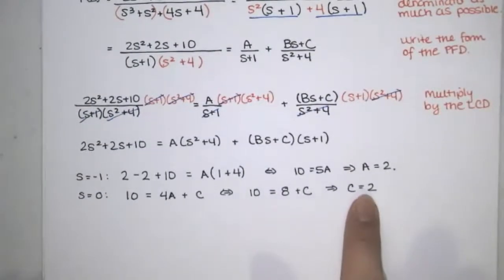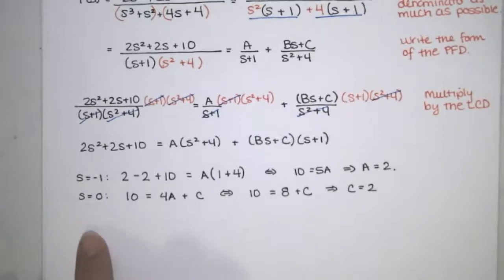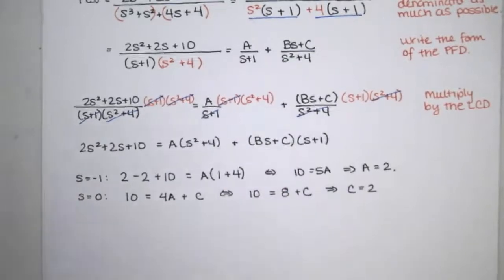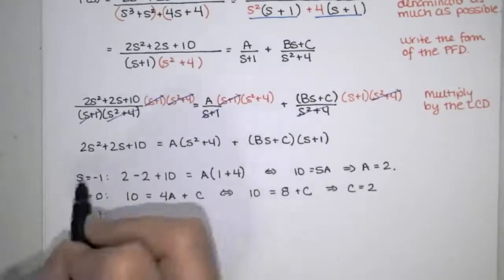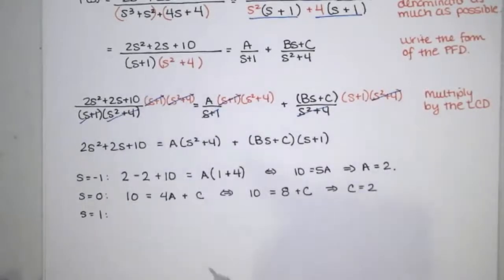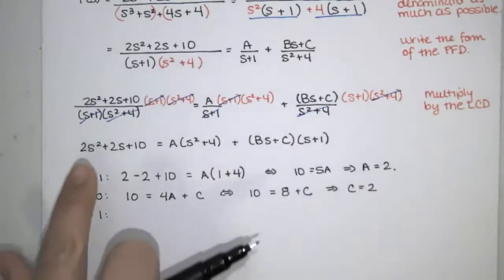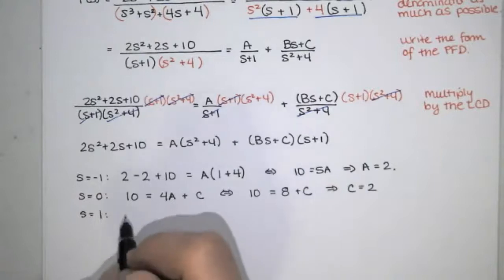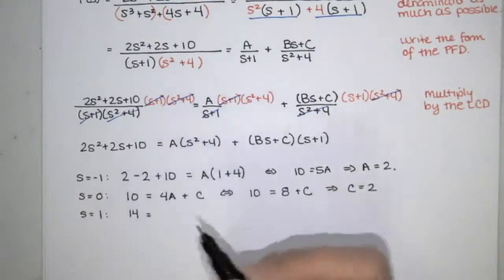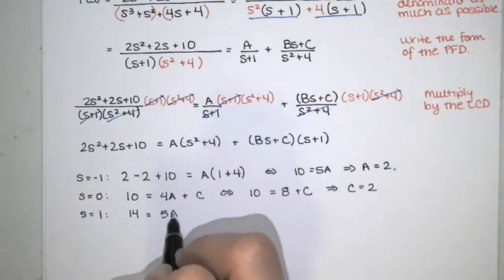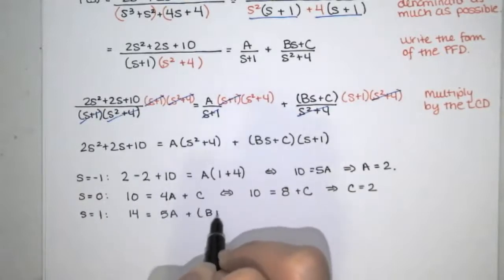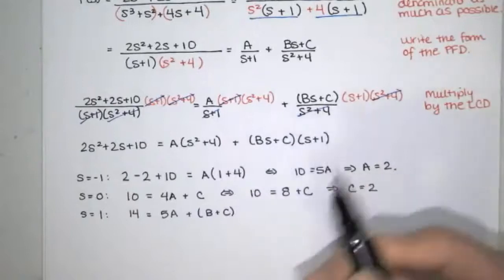So now we know that C is equal to 2 and A is equal to 2. So we'll just pick another value of s to try to find B. I would use s equals 1 because it's very easy to evaluate any expression at s equals 1. So we're going to have 2 plus 2 plus 10, if s is equal to 1, so it's going to give us a 14, equals 5A plus the quantity B plus C times 1 plus 1, which is 2.